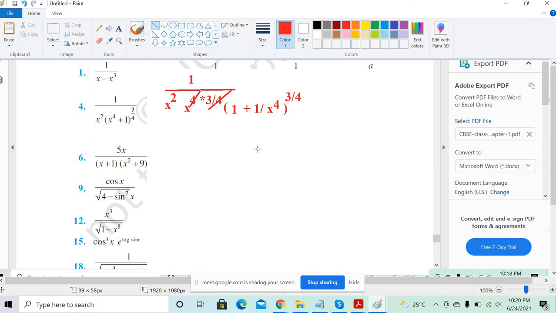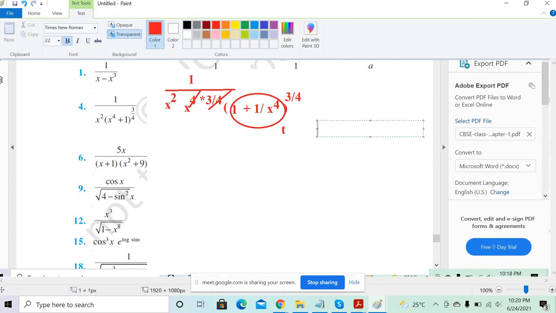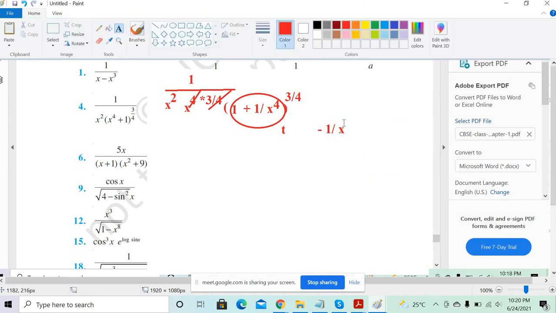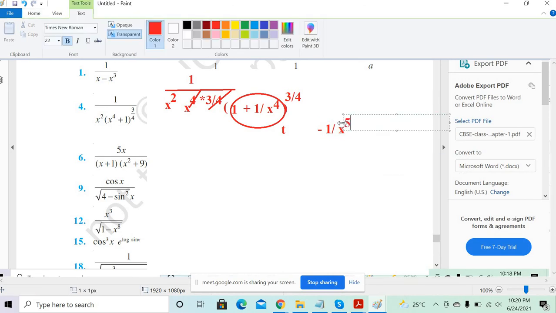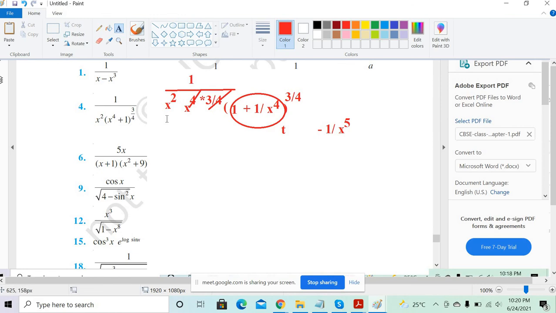When you substitute this entire term as t, the differentiation of 1 by x power 4 will be minus 1 by x power 5, and 1 by x power 5 is here only.